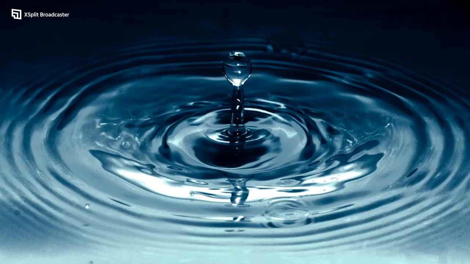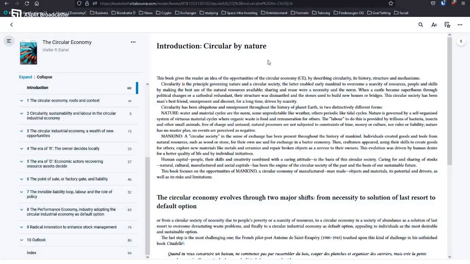What is the circular economy? What are circular processes? What is circularity in general? We've seen in the book The Circular Economy, written by Walter R. Stahel, an introduction to the circularity of nature.